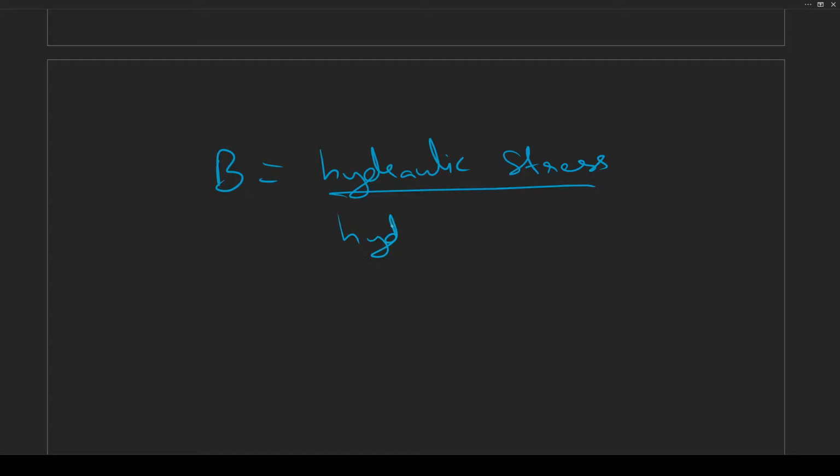Bulk modulus equals hydraulic stress by hydraulic strain.